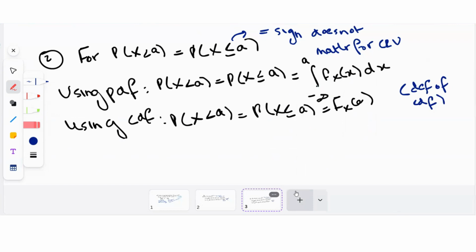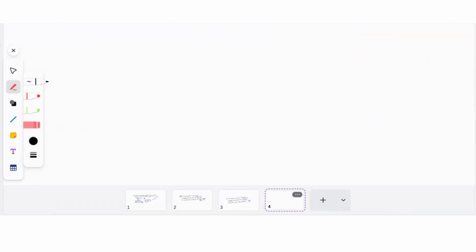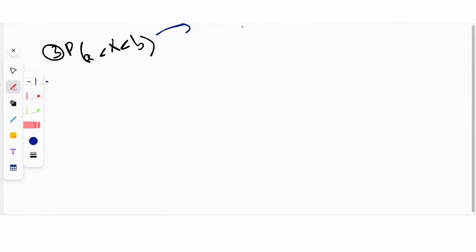Now, what if we want to find the probability X is between a and b? Now, this is the same thing. The equal to sign does not matter when you're finding probabilities for continuous random variables.